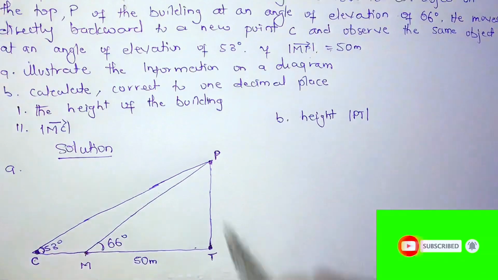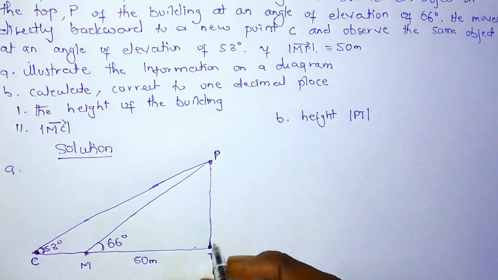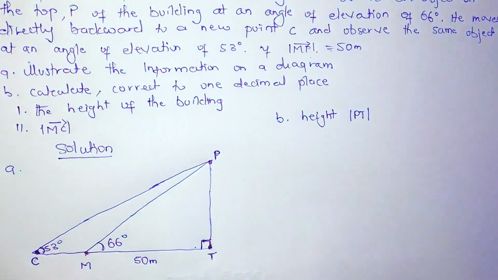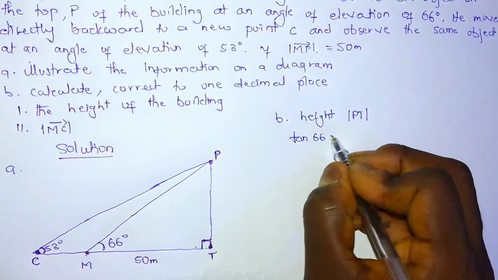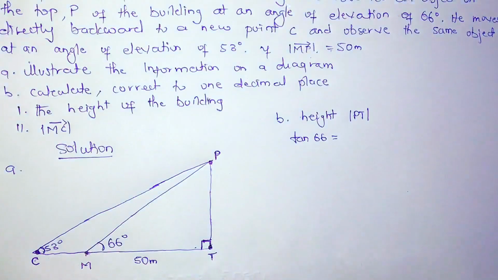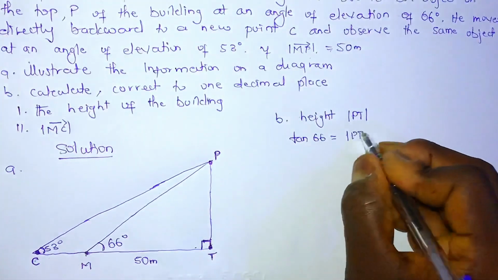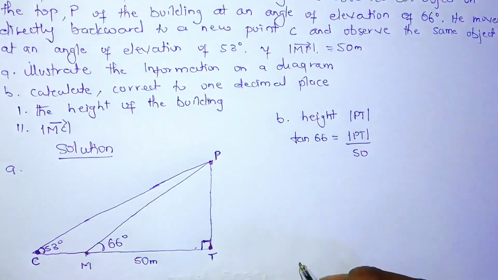Now the height is the length PT. So for us to calculate, we know this angle, we know this side, and we have 90 degrees here. So we can take tan of the angle. So tan 66 is equal to opposite over adjacent. Now the opposite is the height we don't know, and our adjacent is 50.